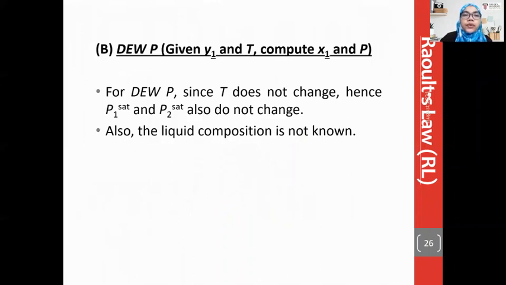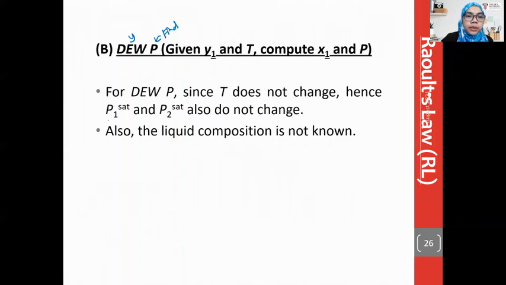And then for the dew P here, we need to find P, and the composition of vapor is given. So we can use the same method as for the bubble P. Instead of having the composition of liquid, for this calculation we have the composition of vapor.